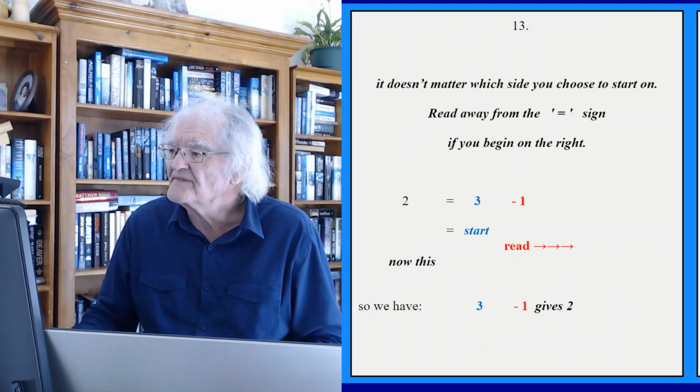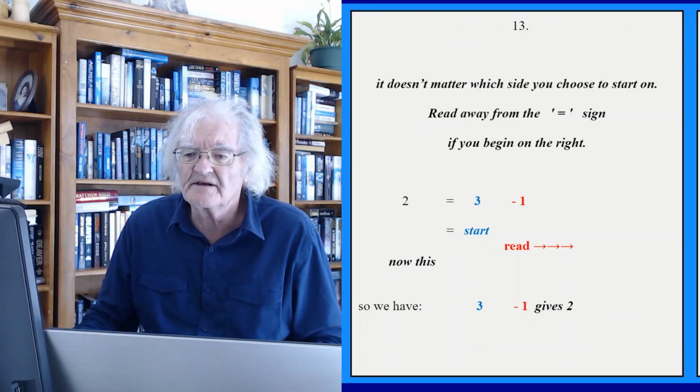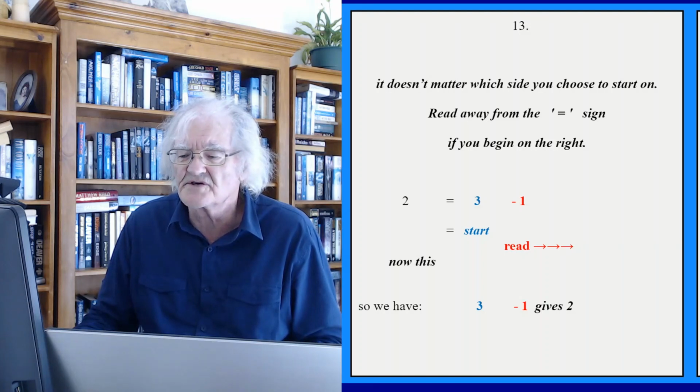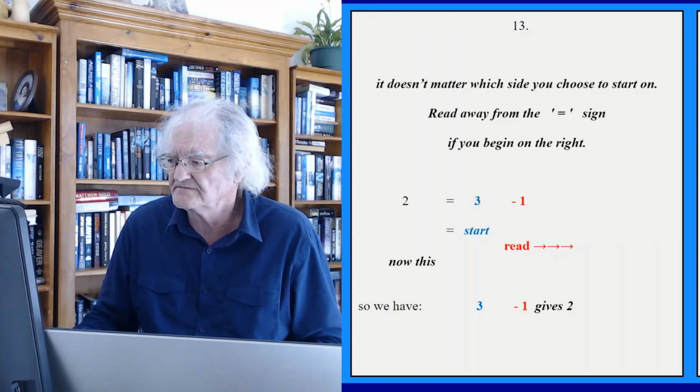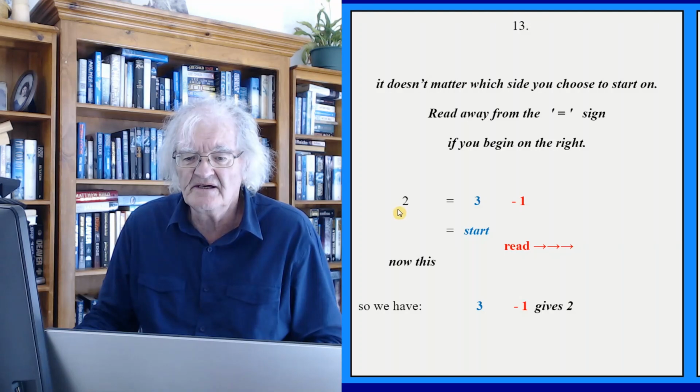Now remember, it doesn't matter which side of the equal sign you choose to start on. Always read away from the equal sign if you begin on the right. So here, 2 is 3 minus 1.